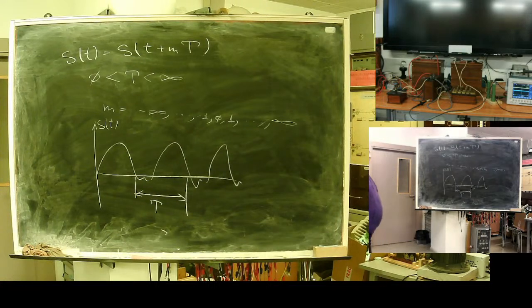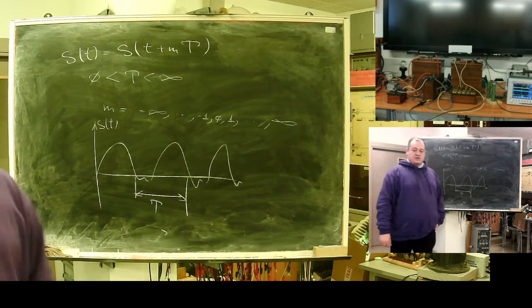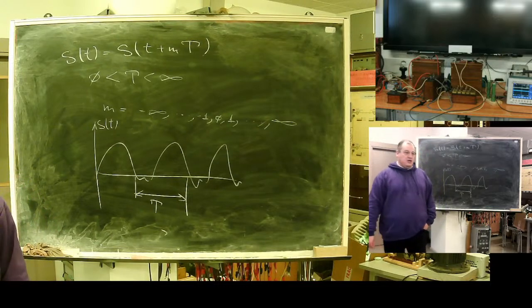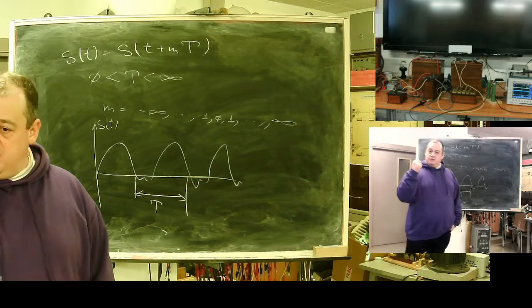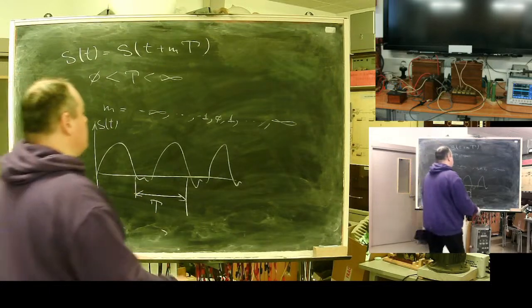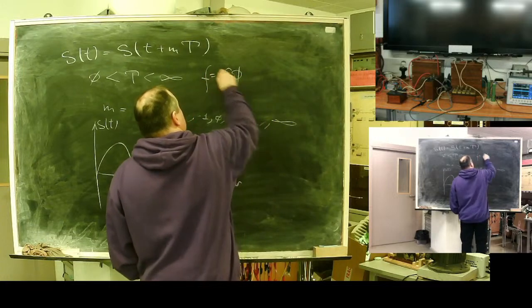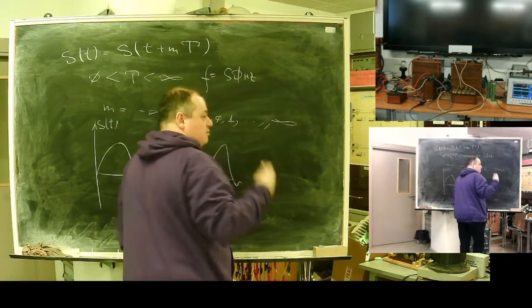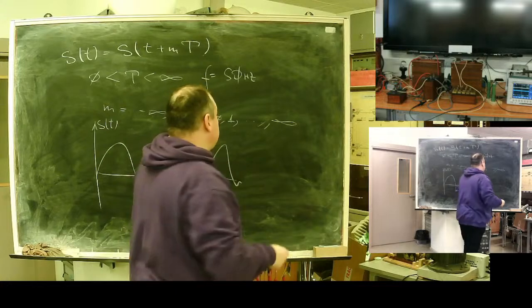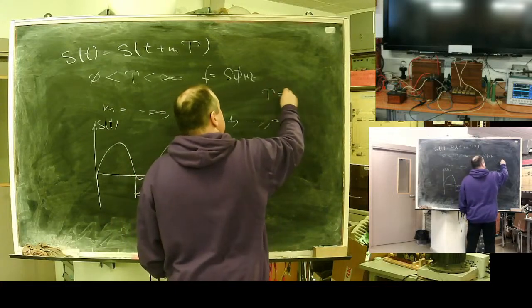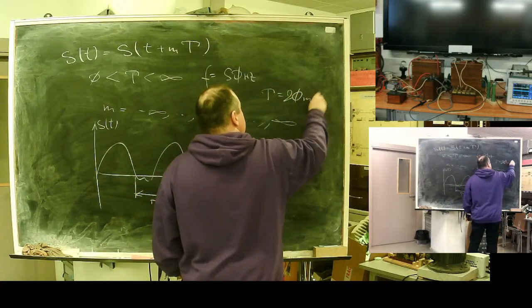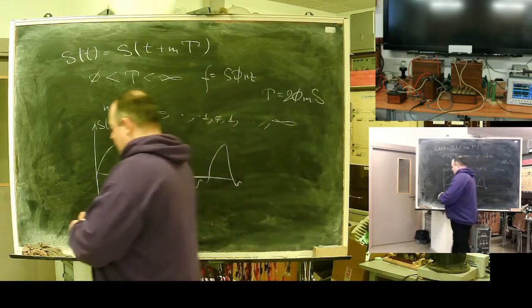In our case, for example, we have an AC voltage. AC voltage repeats with a frequency of 50 hertz, meaning we have a period of 20 milliseconds.